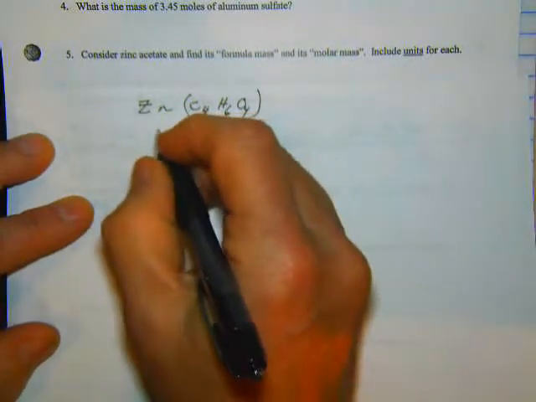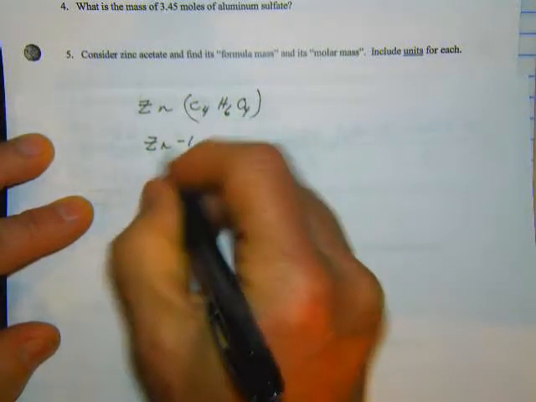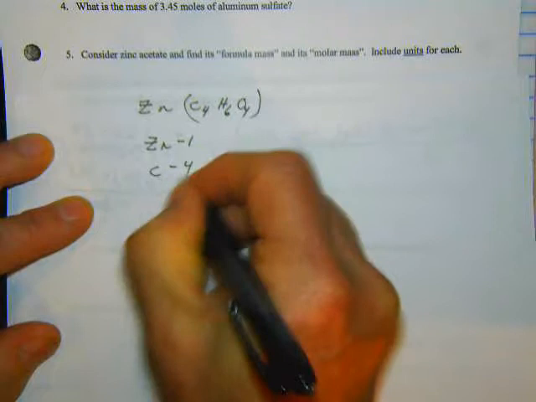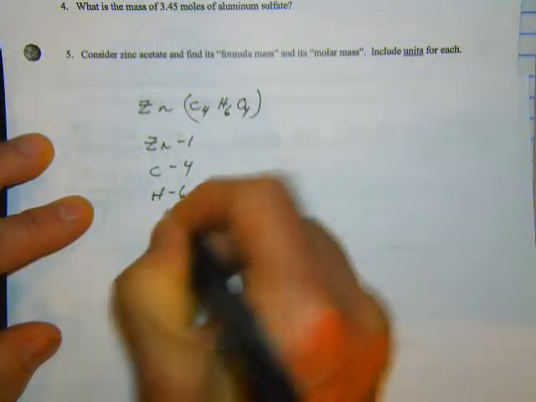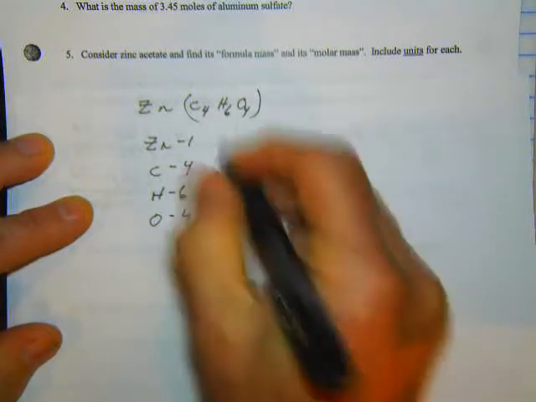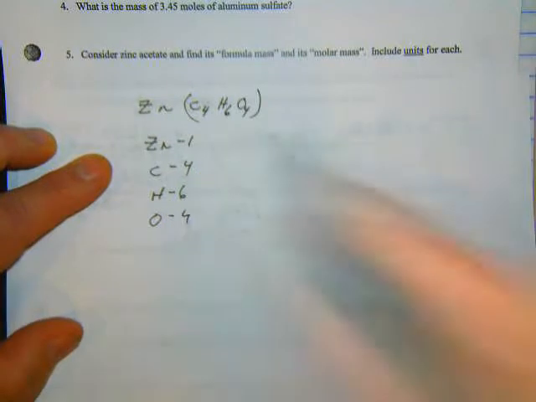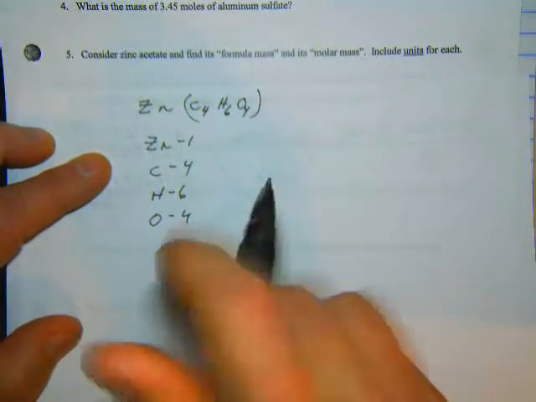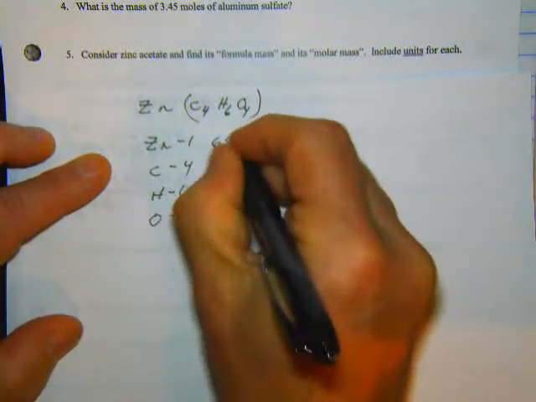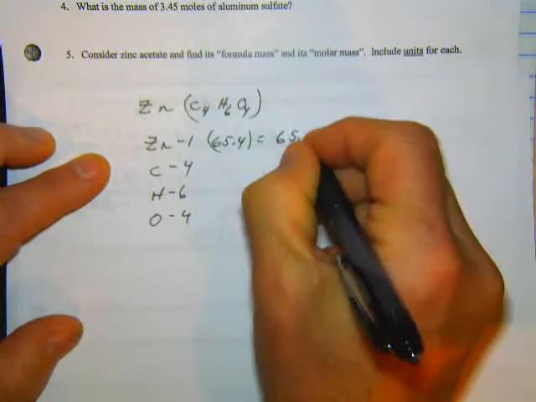So we have zinc, we have 1, carbon we've got 4, hydrogen we have 6, and oxygen we have 4. Zinc has an atomic mass of, I think it's, let's see, 65.4.